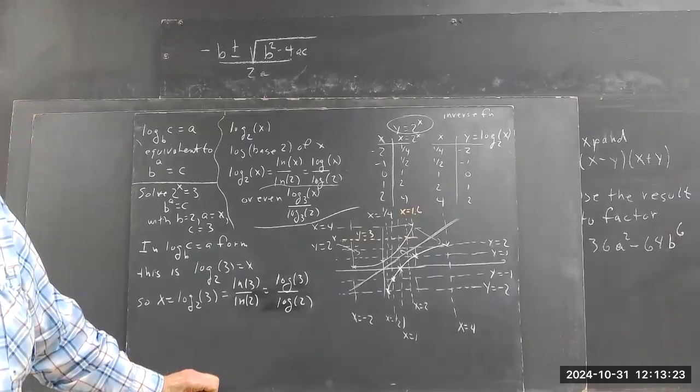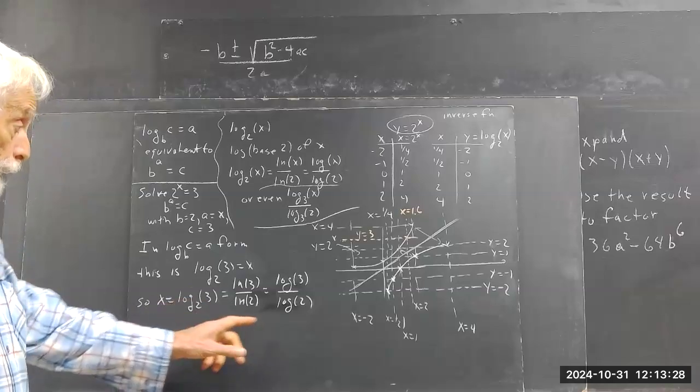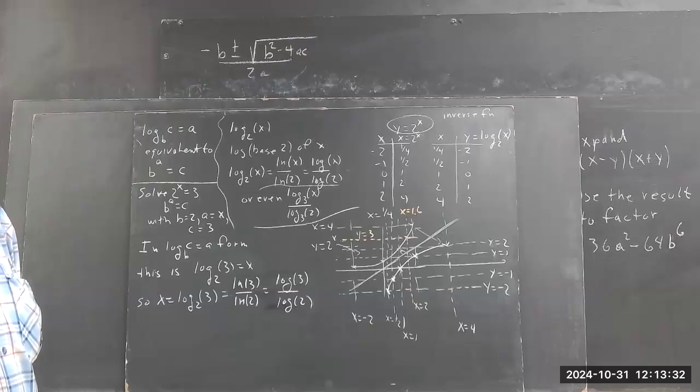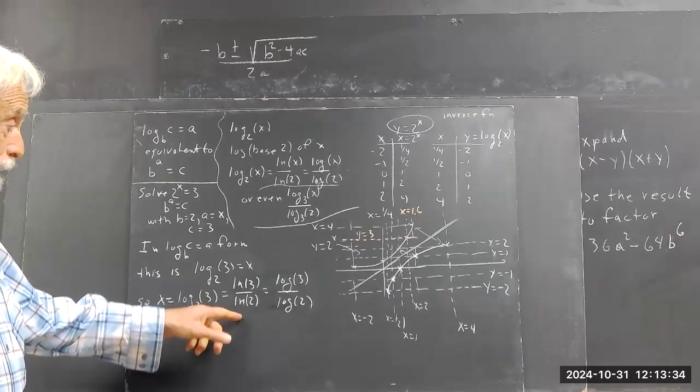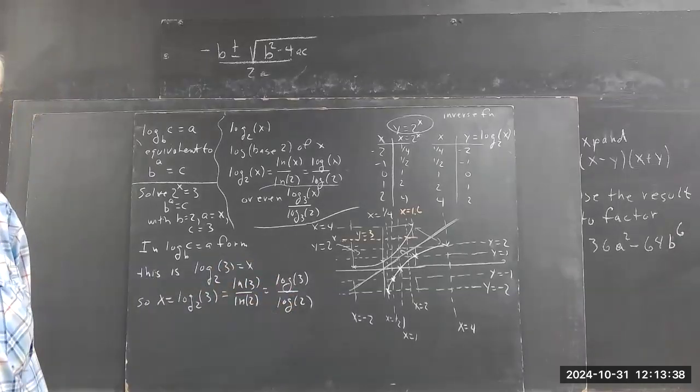The calculator will probably let you even write in log base 2 of 3, so you don't even have to do this. But I don't want to see it. I want to see this or this, and then you calculate this.